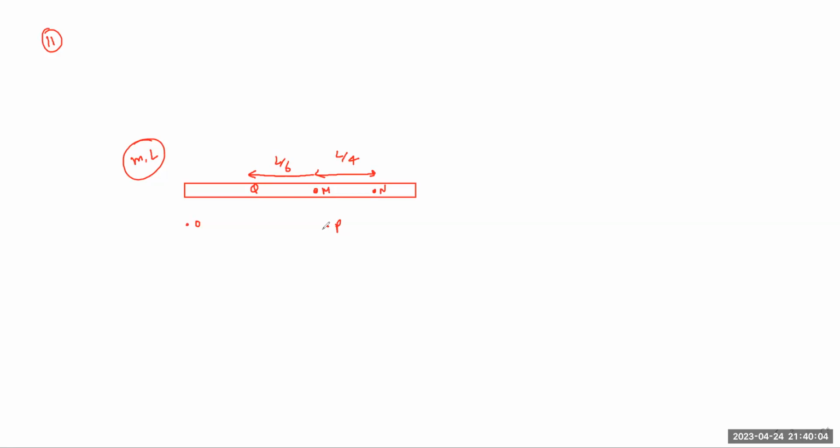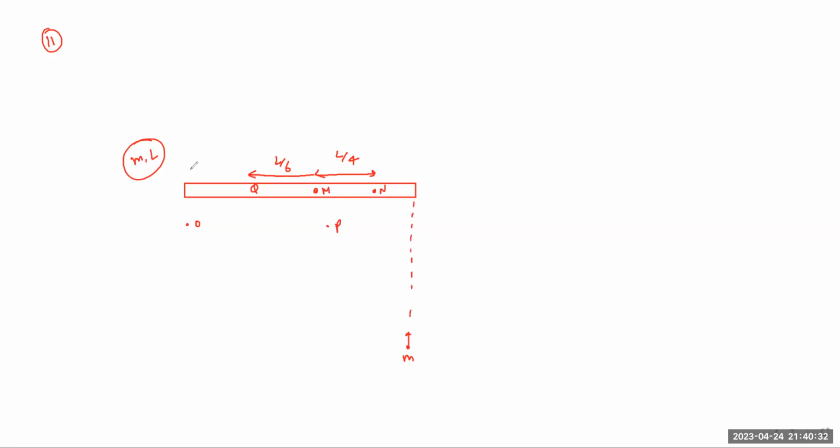So if you look carefully, there is no external force, right? If you take the system, then there is no external force, because these two are going to collide, right?